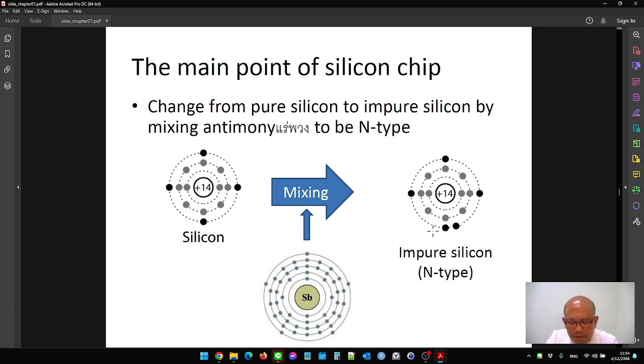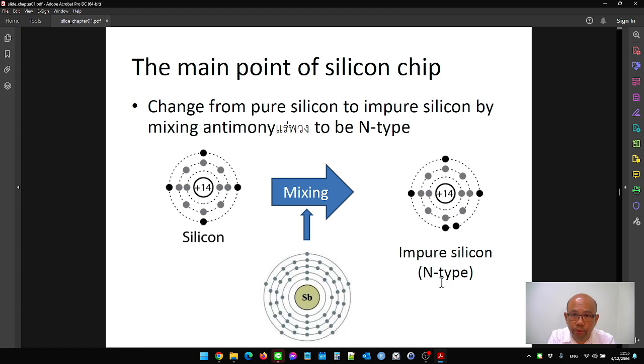Look at the covalent electrons here: 1, 2, 3, 4, 5. It has not 4 electrons but 5 electrons, so this silicon is renamed n-type.